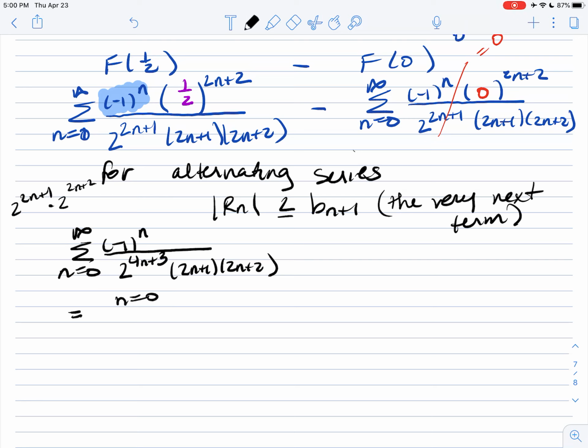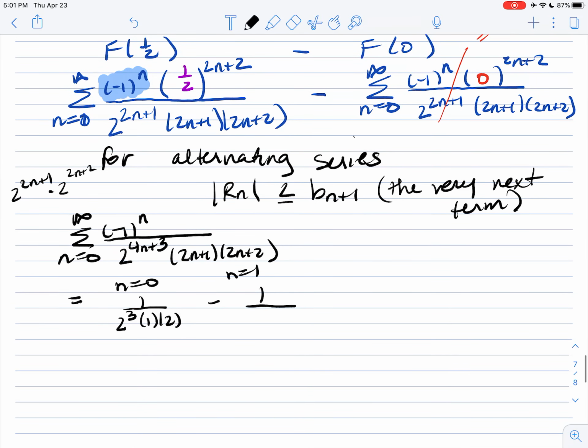And so my very first terms are going to be, for n equal to 0, I'm going to get 1 over 2 cubed times 1 times 2. And then I'm going to have a minus 1 over, and this is for n equal to 1, 2 to the 7th times 3 times 4.